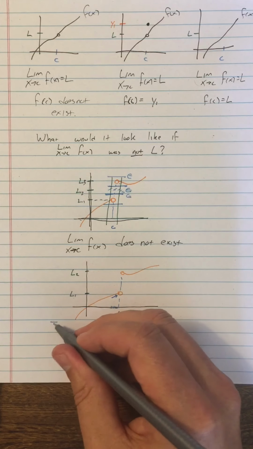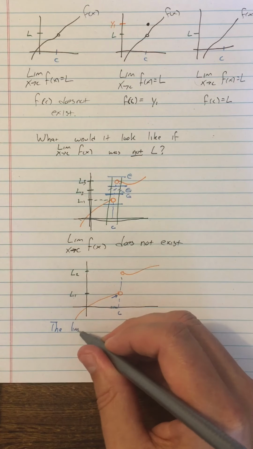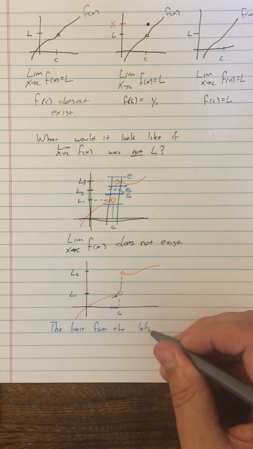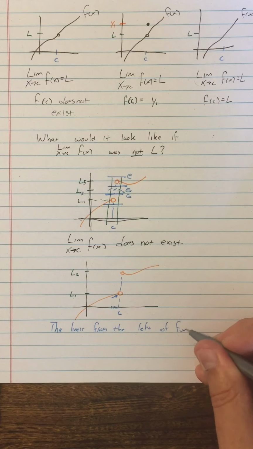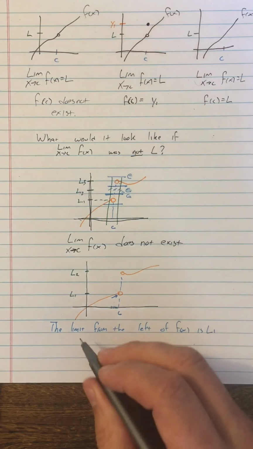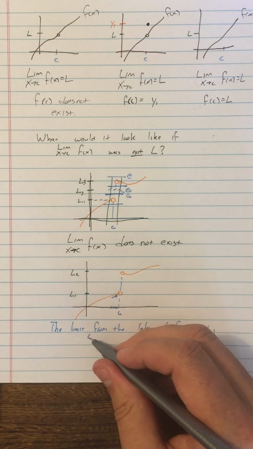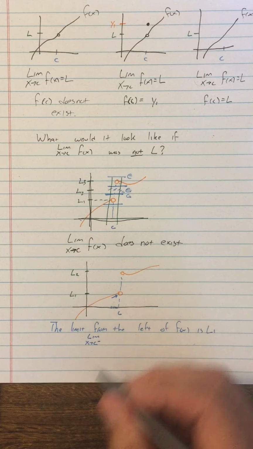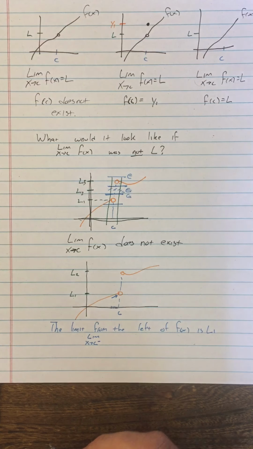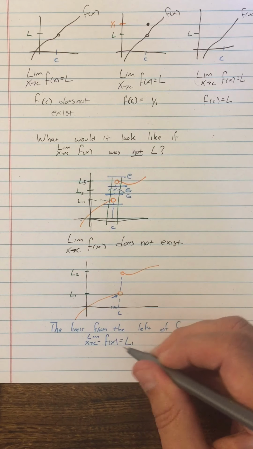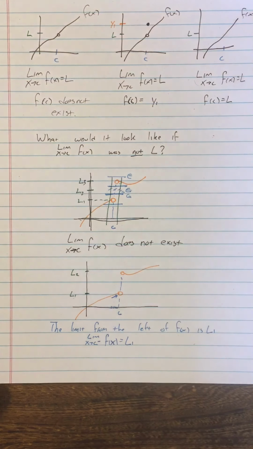So we say the limit from the left of f of x is L1. And we write, are you ready for this? The limit as x approaches c, with a little exponent minus, from the left of f of x equals L1. We'll look at some specific examples of this coming up.